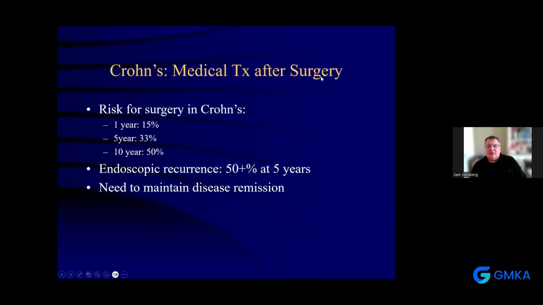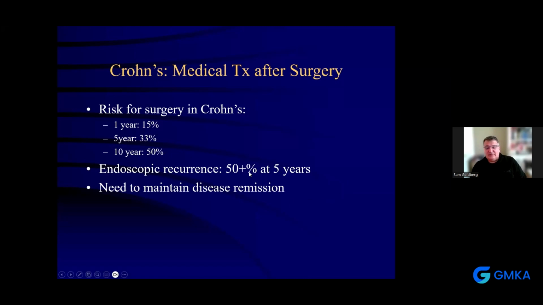So, medical treatment after surgery for Crohn's disease. The risk for recurrence of Crohn's disease after surgery: at 1 year, 15% of patients will already have recurrent disease. At 5 years, a third. At 10 years, 50% of patients will have recurrence.